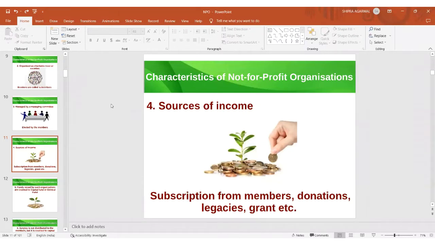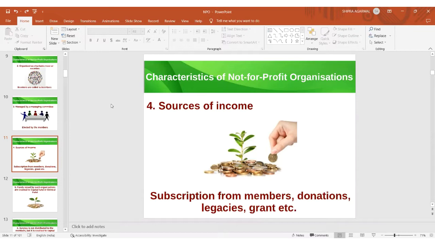So all the members, when they pay their subscription, when these organizations get donations either from the members or from any XYZ person, or maybe in the form of legacies or grants and all. Grant can be from, you can say, the government, right? And various other institutions which provide grants.